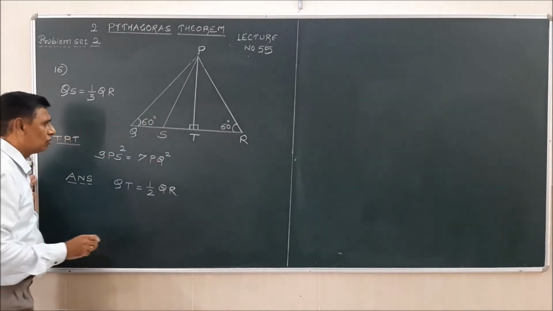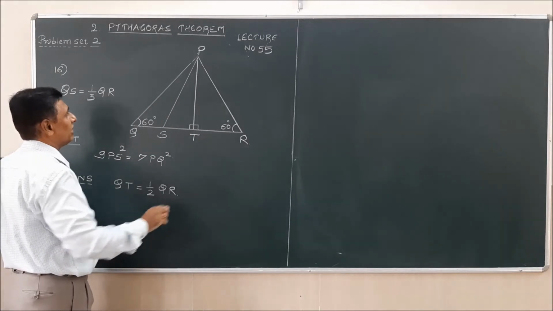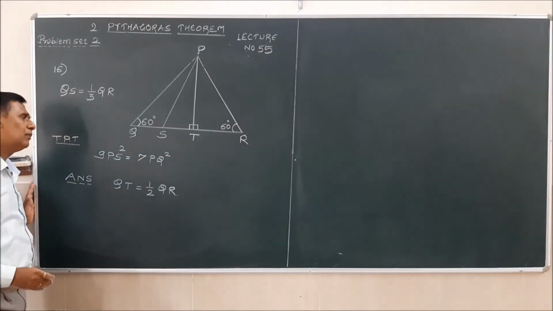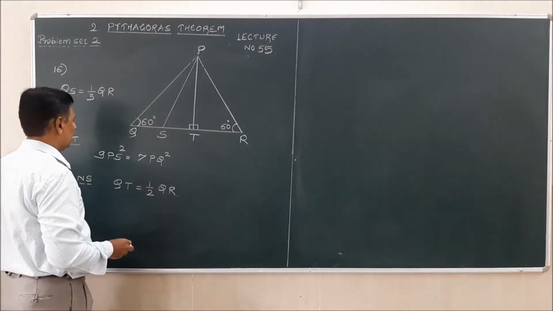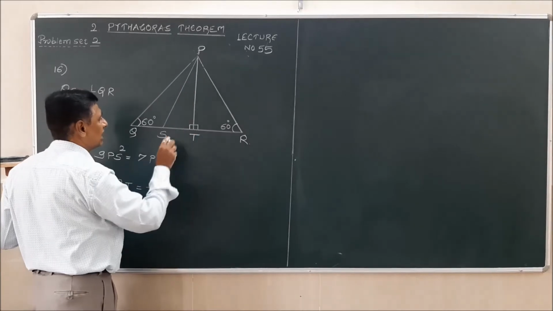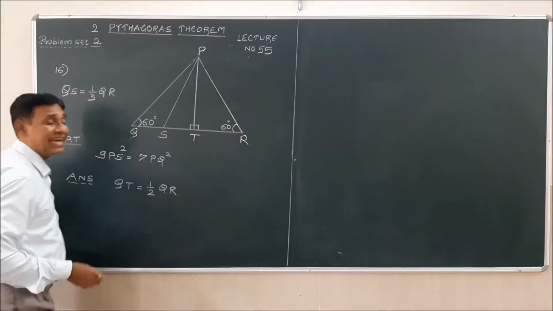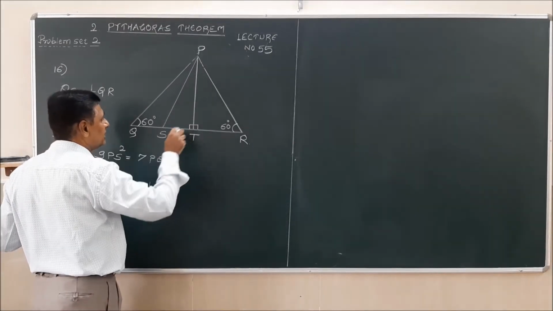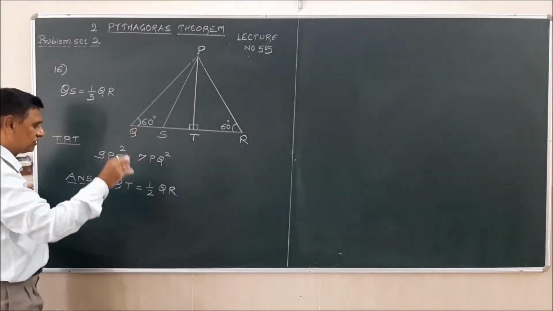So what I am going to do, I am telling you in a very simple way. I am going to find out PT because I have to get PS square. So I will find out the value of PT as well as the value of ST. That is very important. PT and ST.